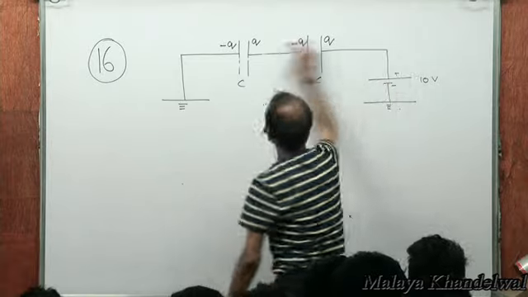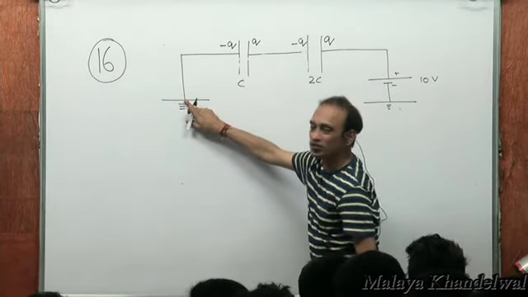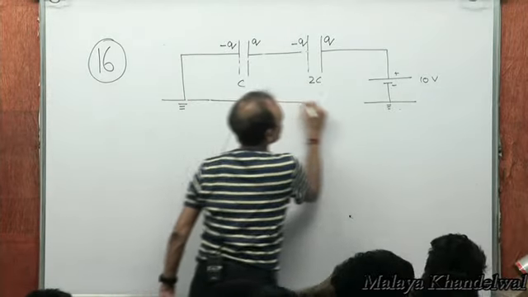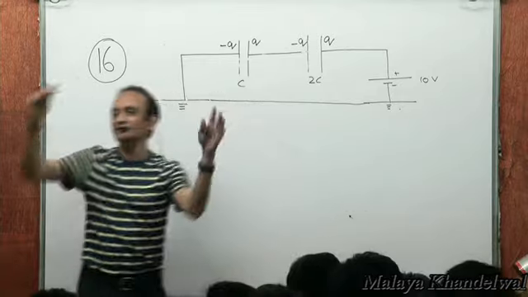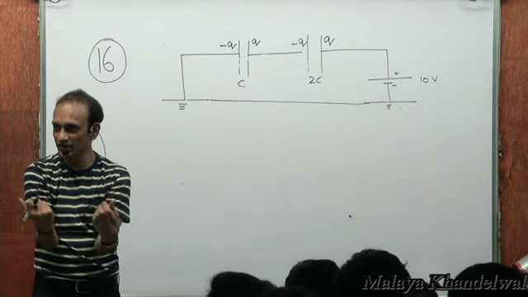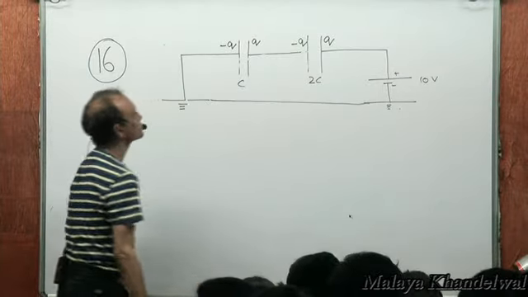And do you realize this actually is a closed loop only? Because this is also zero potential, this is also zero potential. So you can also join them and look upon this circuit as a closed circuit, isn't it? You know, effectively. So now I can apply KVL to the loop.